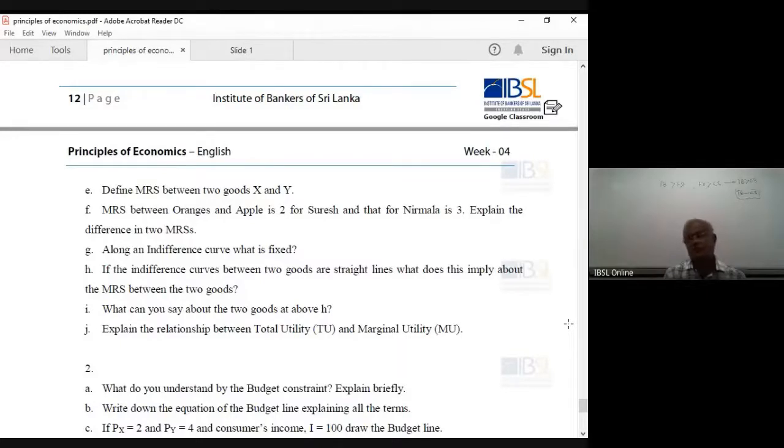Marginal rate of substitution between two goods X and Y. That is, MRS is the amount of good Y that the consumer is willing to substitute to get one more unit of good X, without changing the total utility, so that she is getting the same total utility. You are on the same indifference curve.